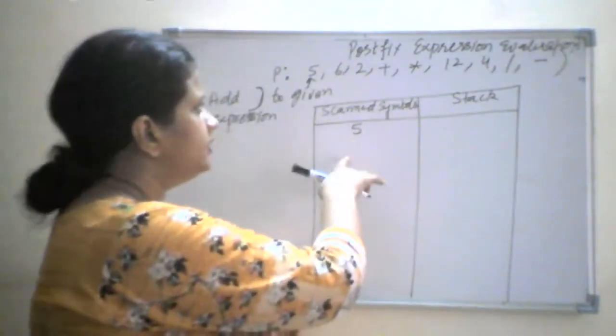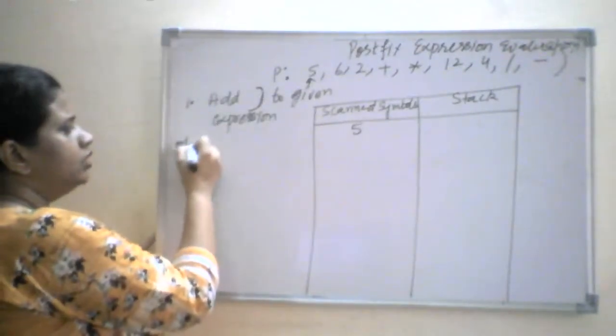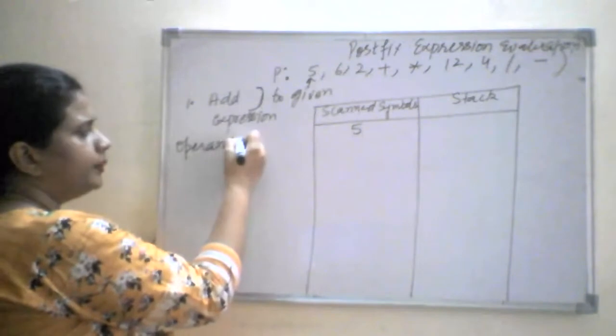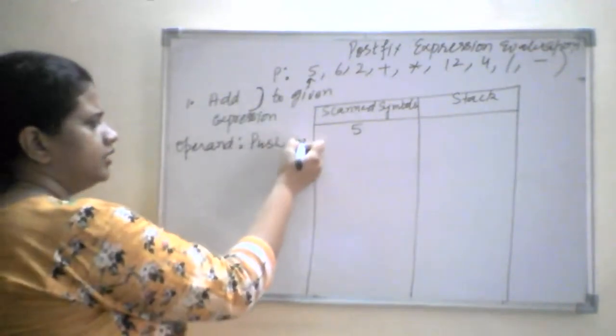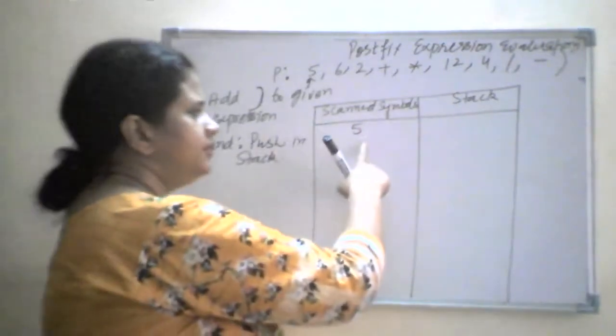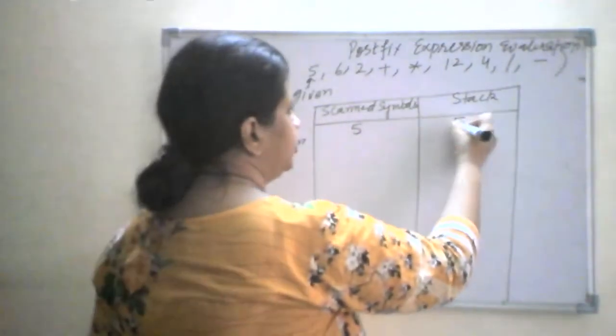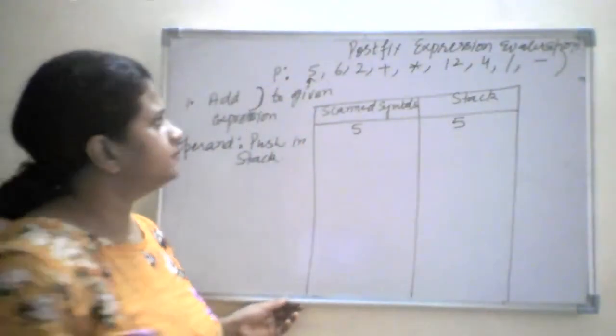Please make sure that whenever you come across any operand, you need to push that in the stack. So scan symbol will be 5 and it will be put in the stack. So as of now we have one element in the stack.